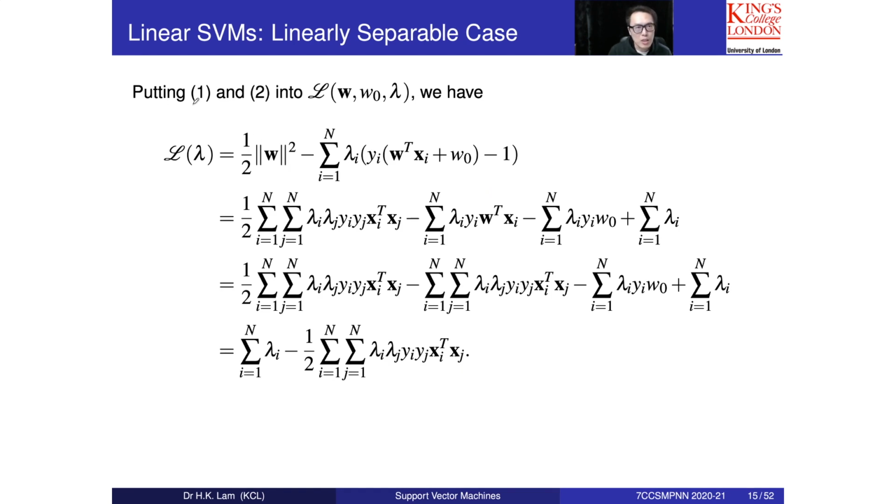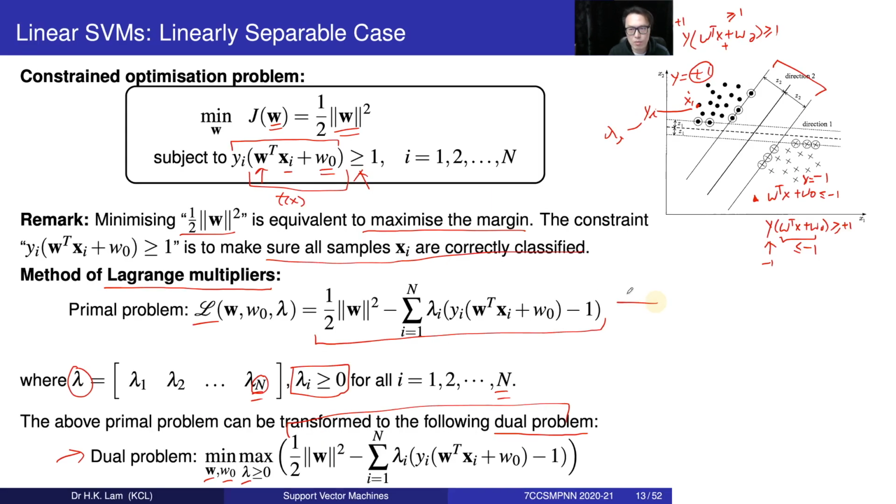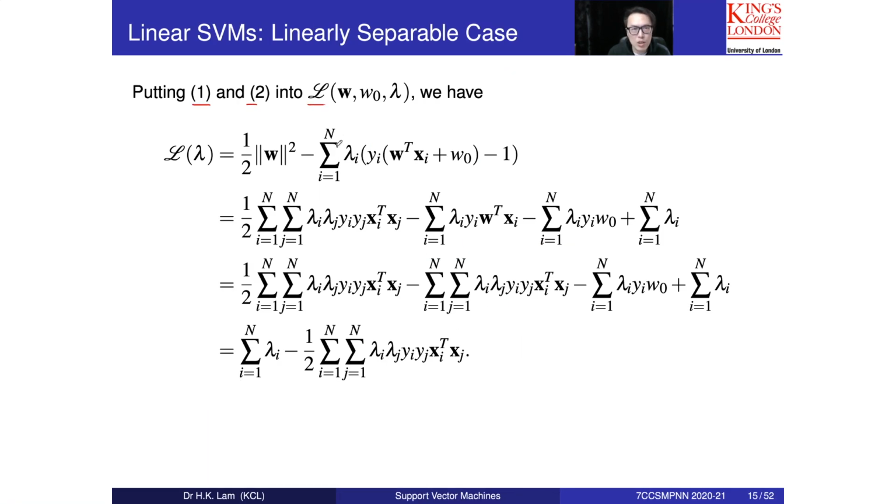Now we are going to put 1 and 2 into L. That is, we put these two equations into this primal problem. Now the L can be reduced into this form.